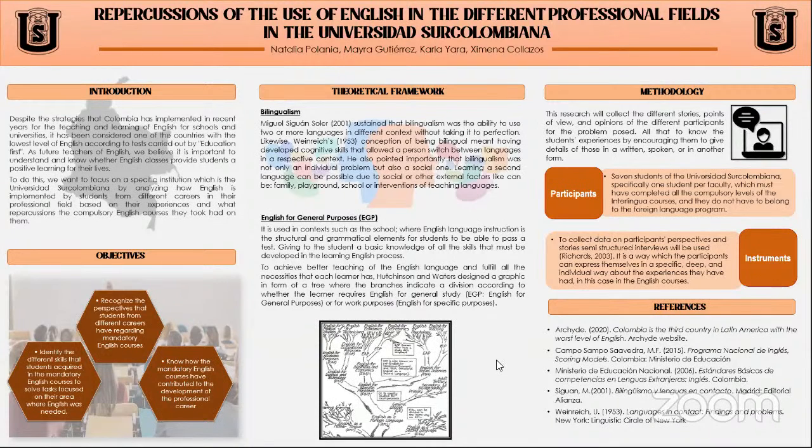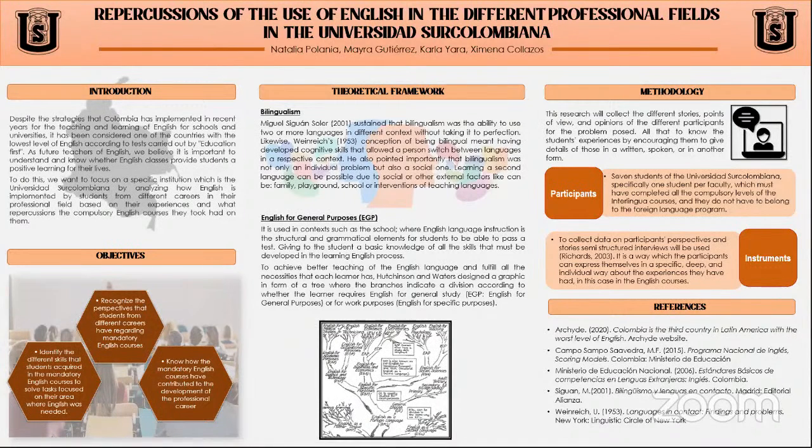So the name of our project is Repercussions of the Use of English in the Different Professional Fields in the Universidad Surcolombiana. As we know, English is gaining more strength and is considered a universally known language.